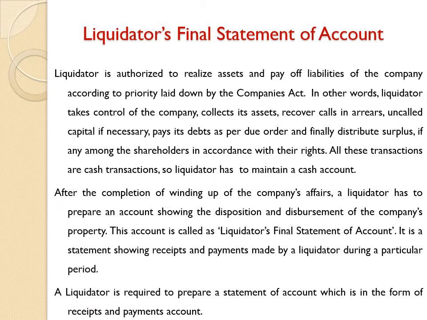After the completion of winding up of the company's affairs, a liquidator has to prepare an account showing the disposition and disbursement of the company's property. The account is called the Liquidator's Final Statement of Account.